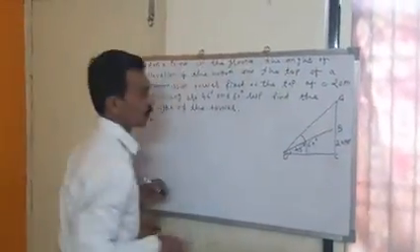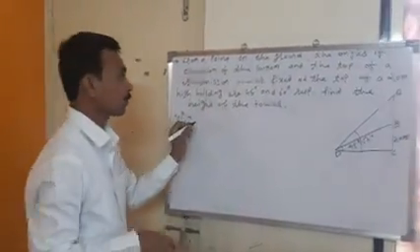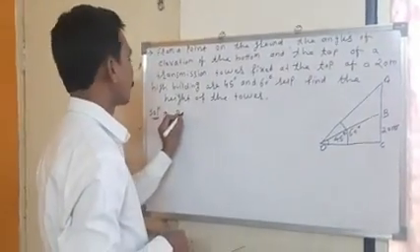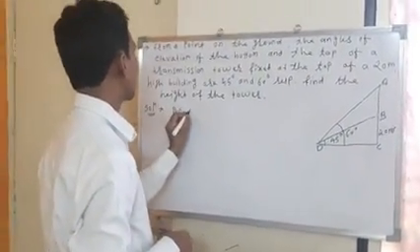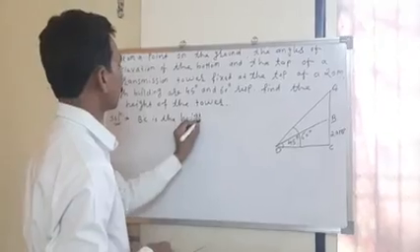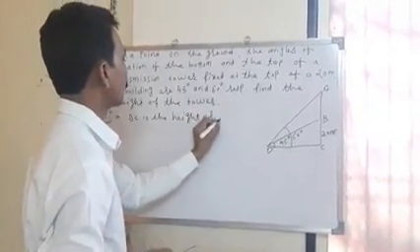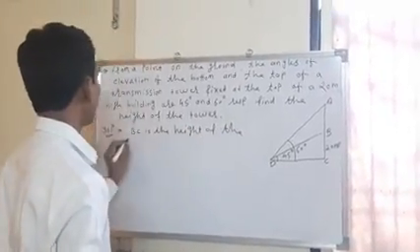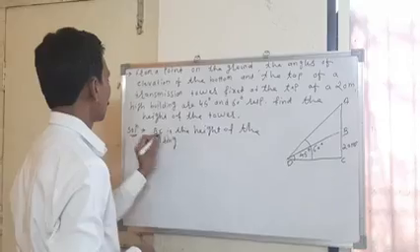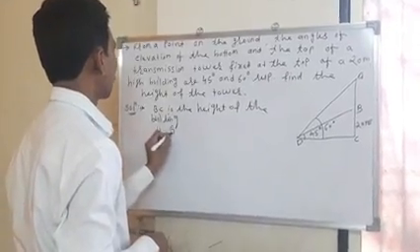Now I will solve. I will write here. BC is the height of the building. That is, what is BC?